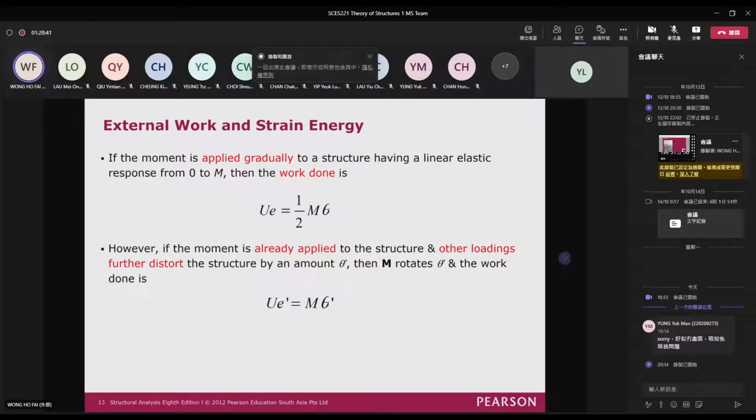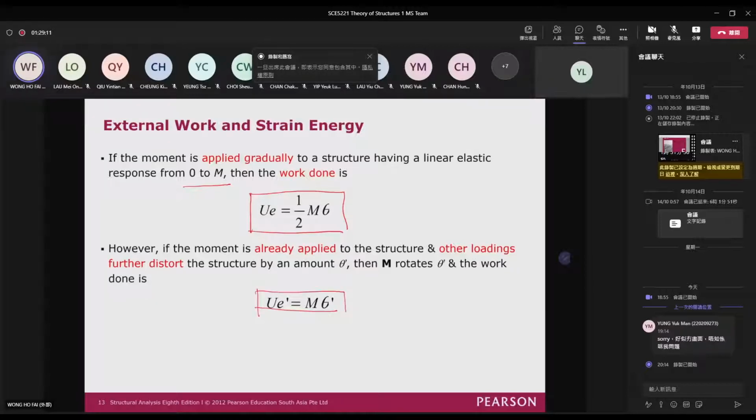If you apply the moment from 0 up to a moment M, increasing gradually in a linear manner, the external work done by the moment will also be equal to half times M times theta. Again, if the moment is already there and you have further rotation, the work done will be M times theta dash.